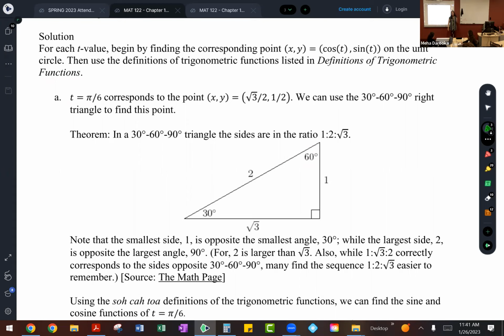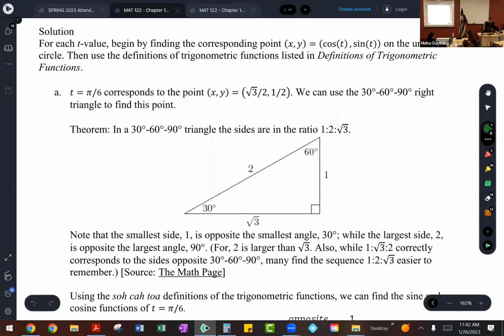So think about alphabetical order. C, of course, comes before S, just like X comes before Y. So that's how we set up that ordered pair. Cosine is always going to be the first coordinate. Sine is always going to be the second coordinate. So the X value will represent cosine. The Y value will represent sine.